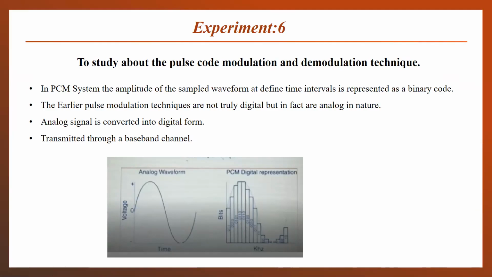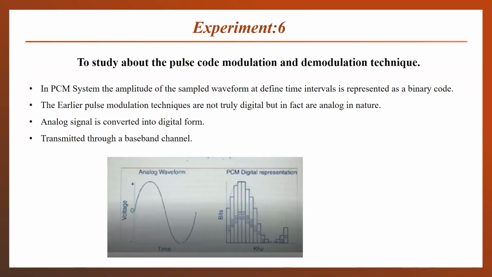The earlier pulse modulation techniques, PAM, PWM, and PPM, were not digital. We can say these are pulse modulation techniques, not truly analog and not truly digital. But PCM, pulse code modulation, is termed a digital modulation technique.